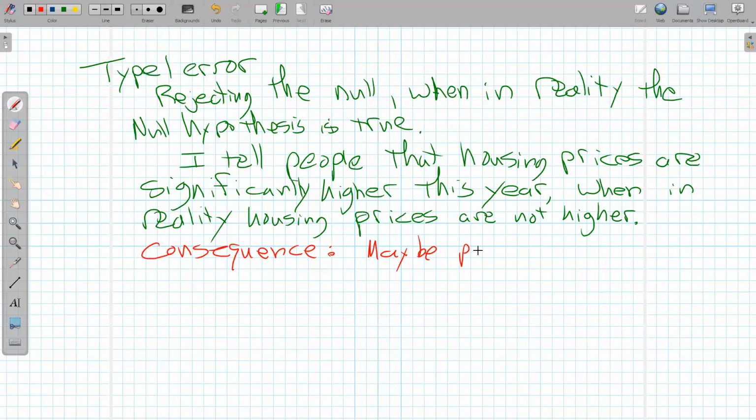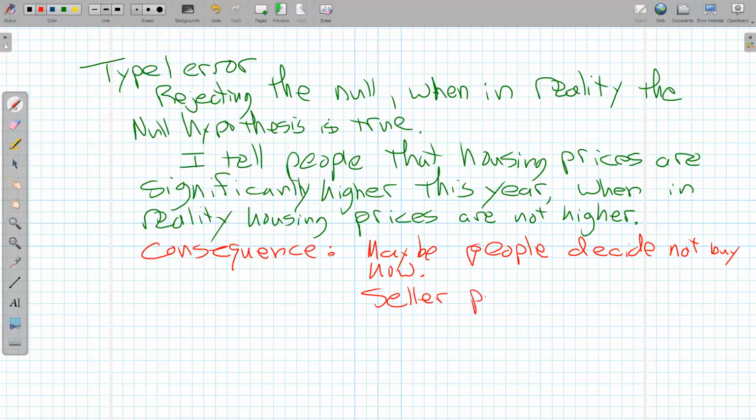So maybe people decide not to buy now based on my saying, hey, housing prices are higher, watch out. People decide not to buy now. Or Tammy mentioned another consequence: someone who's selling puts too high a price on their house.